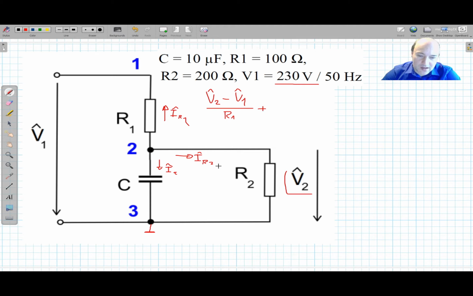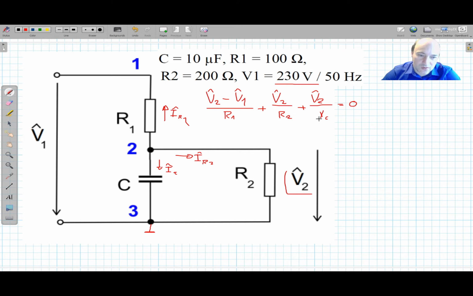The current IR2 I have defined in this direction, so I assume that it will be V2 minus the voltage on my reference node, which is 0. So it will be V2 divided by R2, and the current through the capacitor will be V2 hat divided by XC, and this is equal to 0.